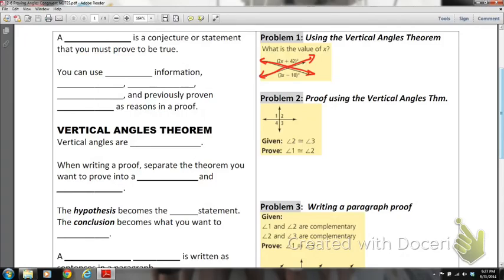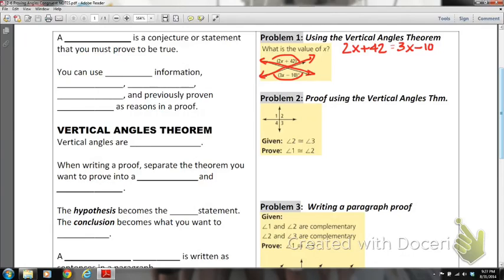So we know that we have vertical angles by the definition of a vertical angle. And according to the vertical angles theorem, it says that vertical angles are congruent. So we can take these two angles that are vertical angles, and we can set their measurements equal to each other. So 2x plus 42 equals 3x minus 10.